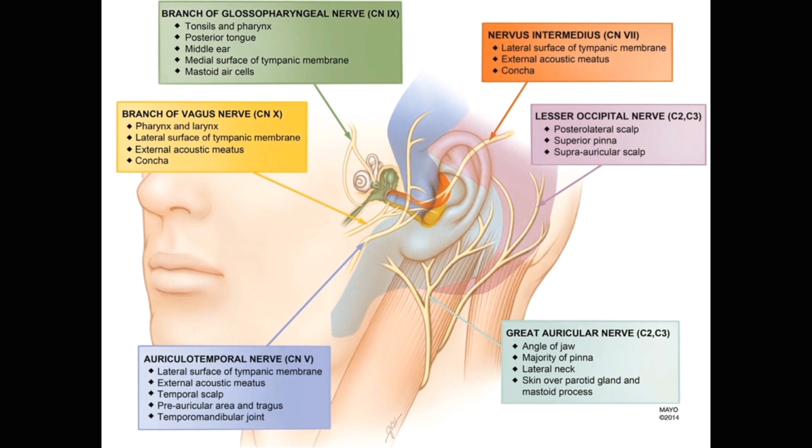Now, as far as sensory innervation, the outside of your ear, the temporal side of your skull, and the inside of your ear canal are innervated by several nerves. So branches of your glossopharyngeal are going to do your middle ear. The vagus nerve will, in addition to branches off your facial, known as nervus intermedius, and cervical nerve branches of the greater auricular, also do a little bit of sensory here. The auriculotemporal nerve will also do some of the external auditory canal, where you stick your Q-tip in.